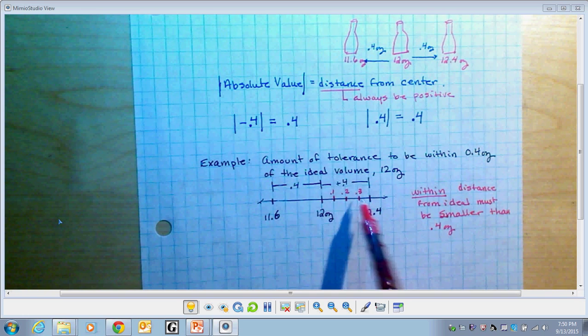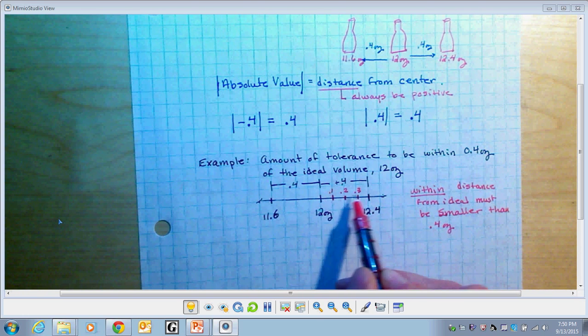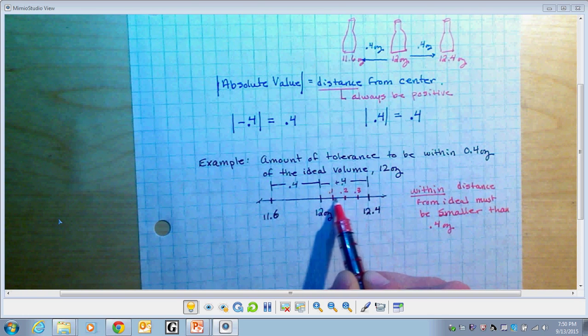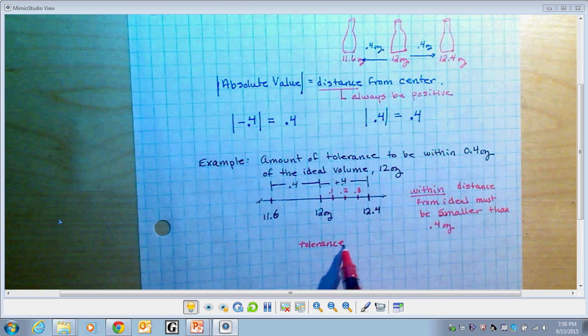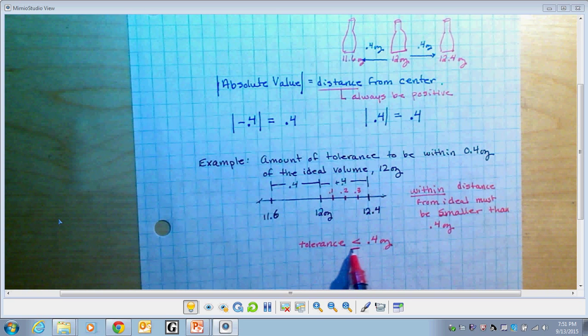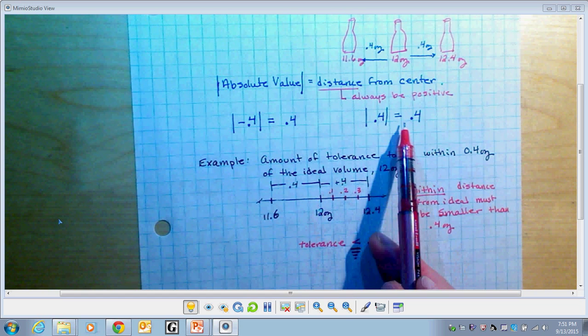So that means that my tolerance, because remember, this distance from center is my tolerance or my absolute value. So that means then that my tolerance has to be less than 0.4 ounces. Okay? So that's important. This sign right here. I'm going to put a number of dots there so we don't confuse that with an equal sign. Although in this case it could also be equal to.